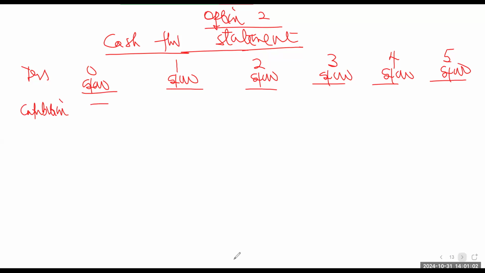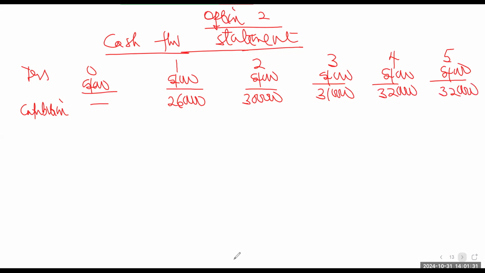Contribution for year 1 is 260,000. The second year is 300,000, then 310,000, then 320,000, 320,000, 320,000.